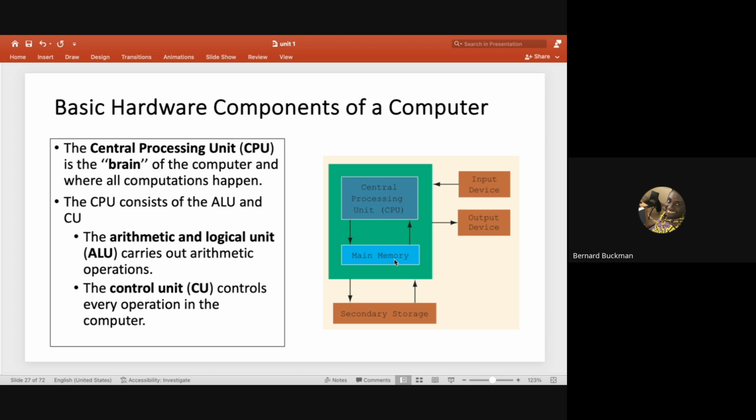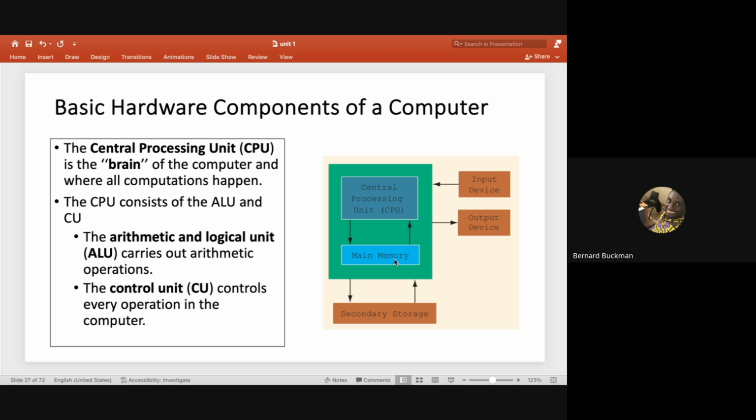Now, the ALU stands for arithmetic logic unit. That's where all the calculations are done. I told you initially that computers came up as a result of our need to build tools to help us calculate. In fact, everything your computer does, everything your phone does, everything your laptop does, is actually a calculation.